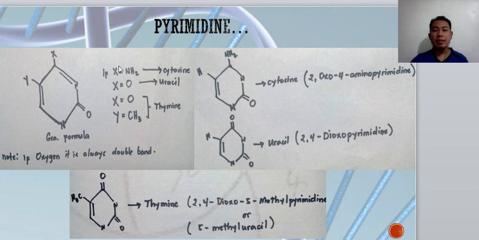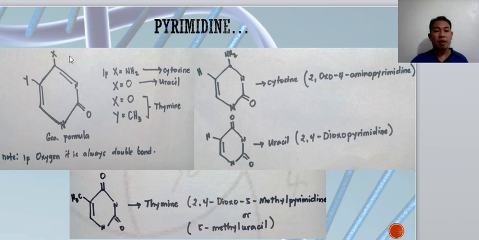Again, in this presentation, we have the general formula here. We note that oxygen is always a double bond. If oxygen is attached at the X here, that is a double bond. The pyrimidine has a single ring structure.